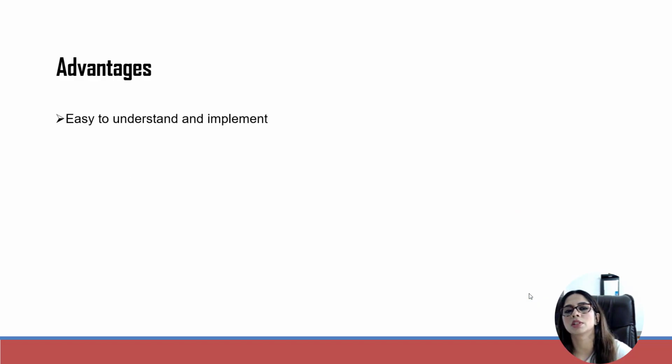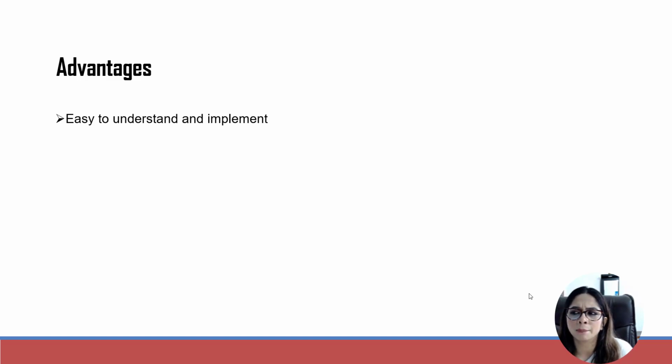We will talk about some of the advantages of this model. Of course, this model is very easy to use, implement and understand, because all we have to do is keep on performing each phase completely and then move on to the next phase.